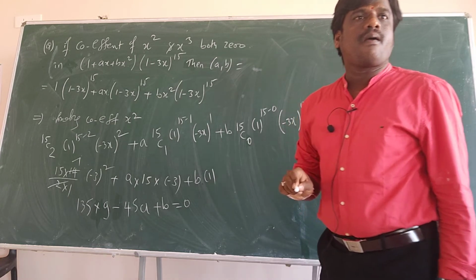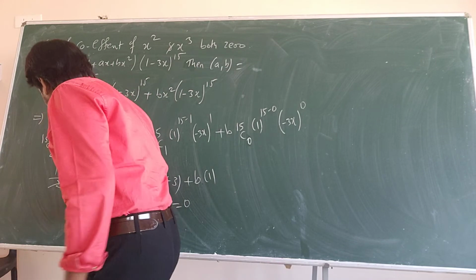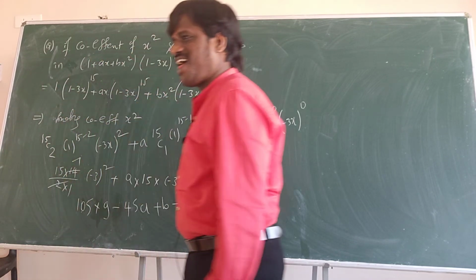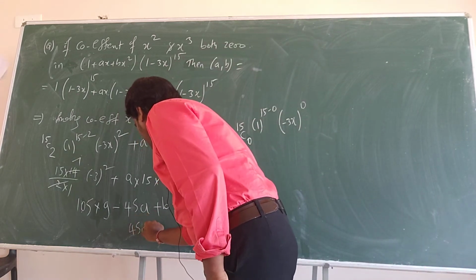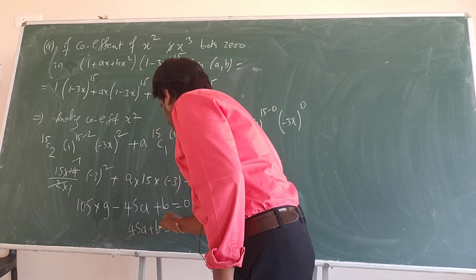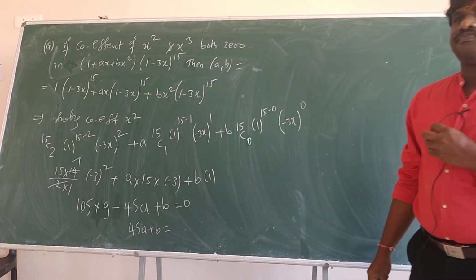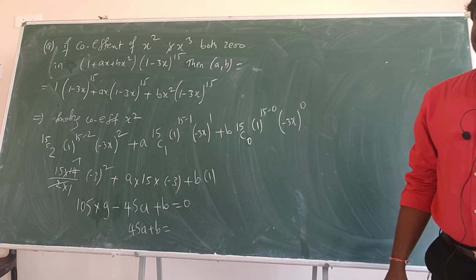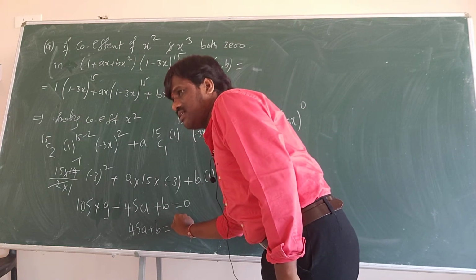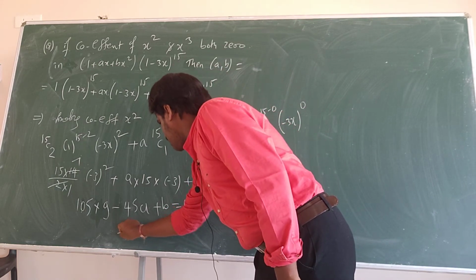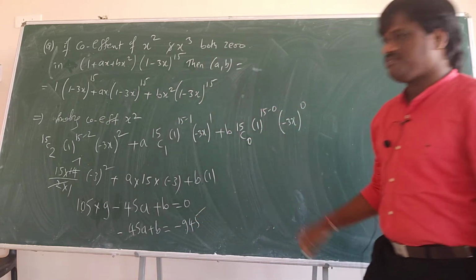15 sevens are 105. So 945 minus 45a plus b is equal to 0.